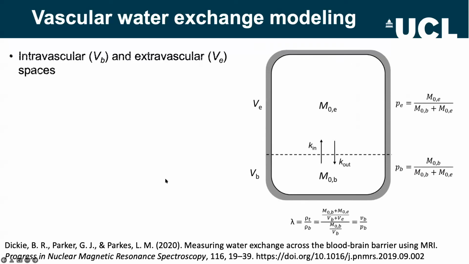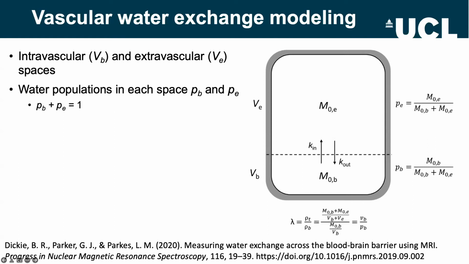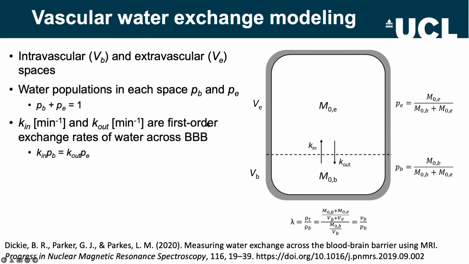Here we have an intravascular space at the bottom, denoted VB for blood, and an extravascular space up here, which is VE. And they have their own water populations as characterized by these parameters P. And there's a rate of exchange that can be defined in both directions between these two compartments. So the rate of exchange from the blood into the extravascular space, which we'll call K in, and the exchange in the opposite direction.